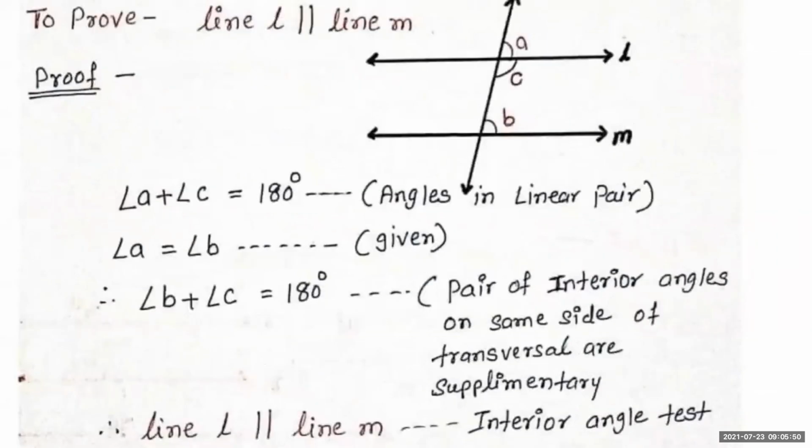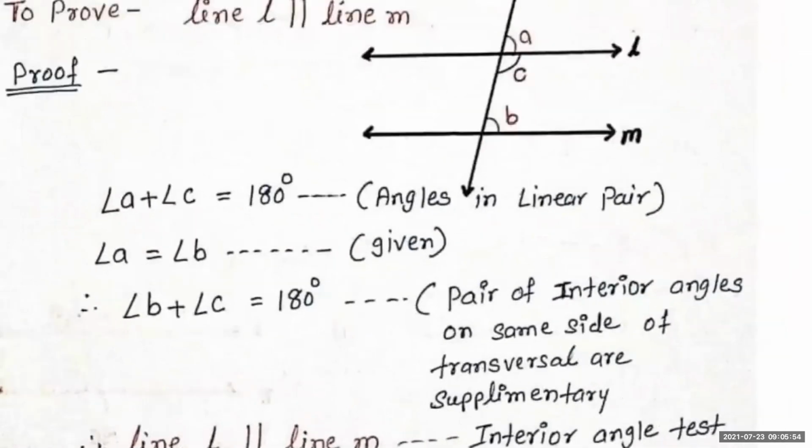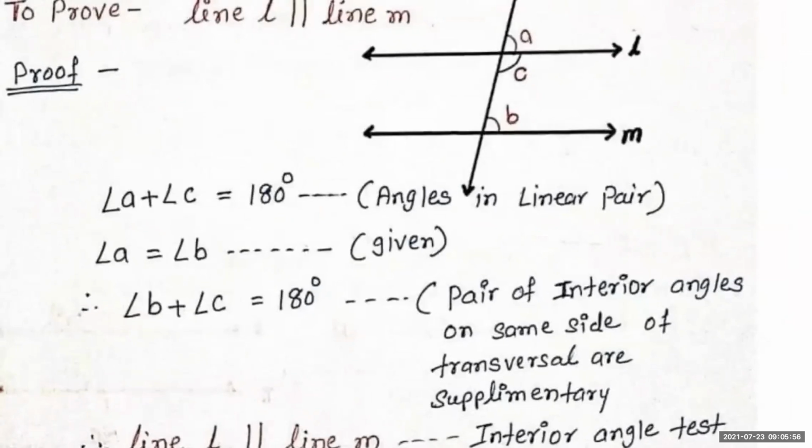Now you can see here the proof. See in the diagram, angle A and angle C are angles in a linear pair. Linear pair of angles are supplementary.